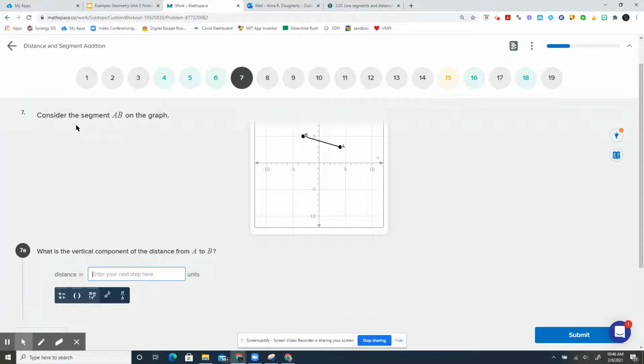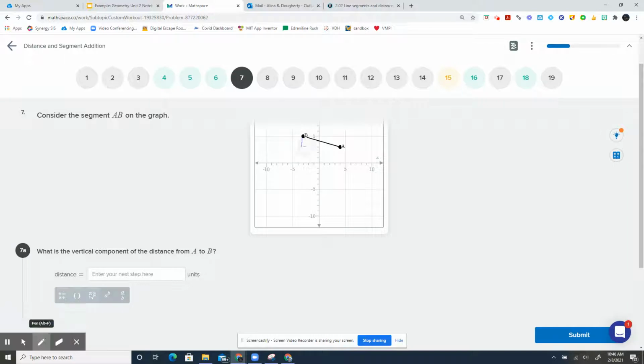Question number 7, consider the graph of AB on the graph, okay? We want to know what is the vertical component from A to B. So if we drop down, right, A is at 3 and B is at 5. So that vertical component is going to be 2. And I know there's a way to zoom in. I'm just not sure how to do it.